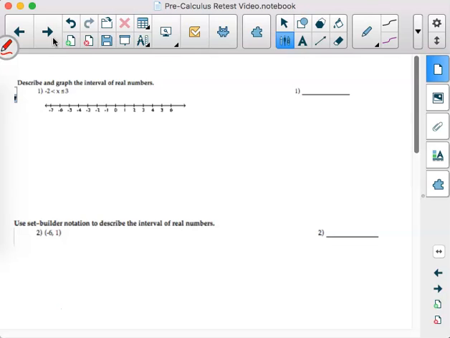So there are 2 pieces to this. The first one is to describe it, and I have to say what this inequality is saying in words.